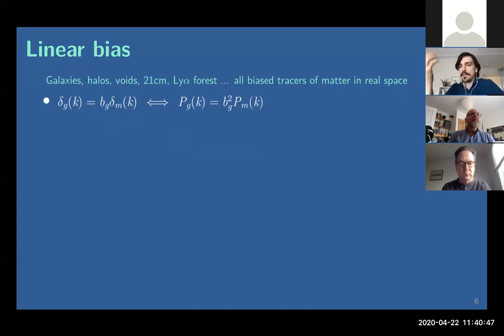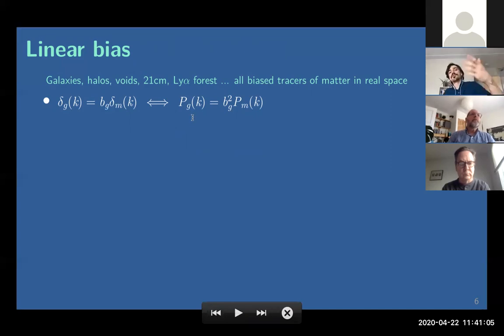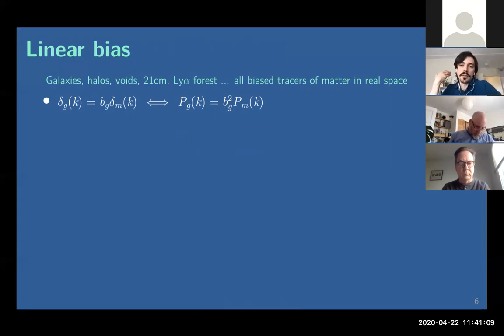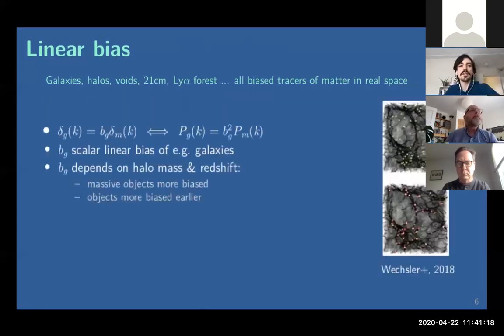The simplest thing that you can write that really works well on the largest scales is a relation between the overdensity field and the matter field which is just linearly biased. So for galaxies, there is this linear bias b_g, which tells you that when you compute a power spectrum, your observed power spectrum will be a scaled version of the linear matter power spectrum with this bias term. This is usually what works on large scales.